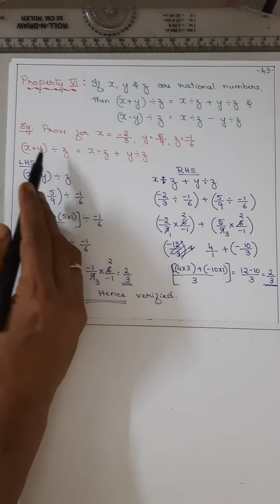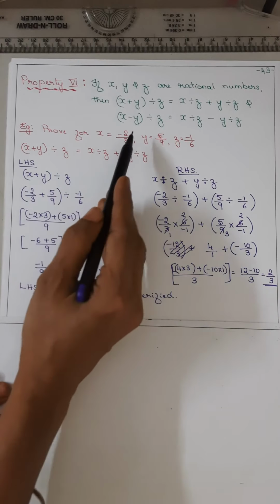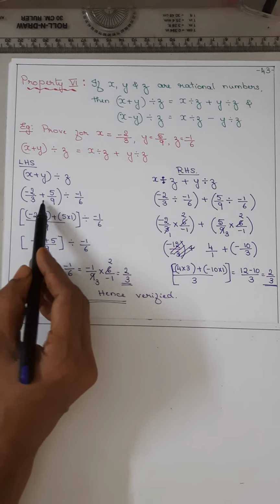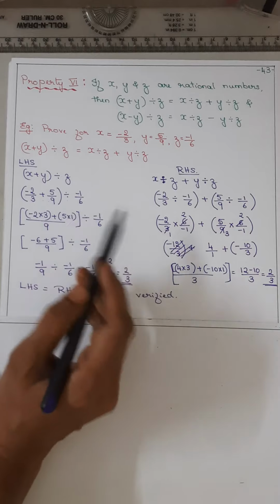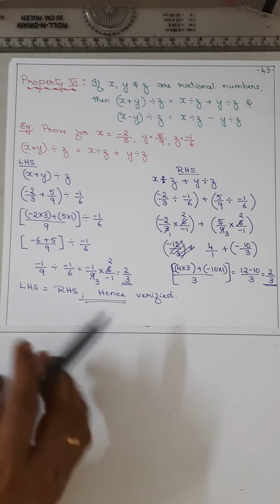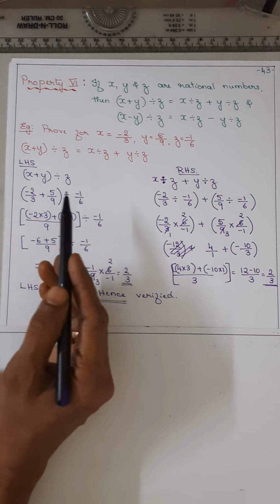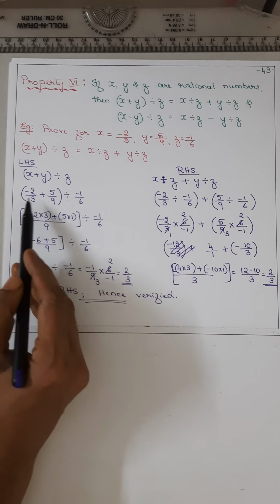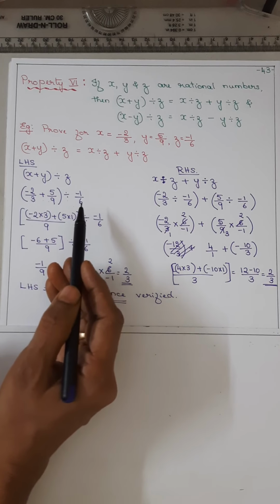So LHS x plus y divided by z. Put the value minus 2 by 3 plus 5 by 9 divided by minus 1 by 6. Now this is plus. Plus के लिए क्या करते हैं? If the denominators are not the same, you have to take the LCM.